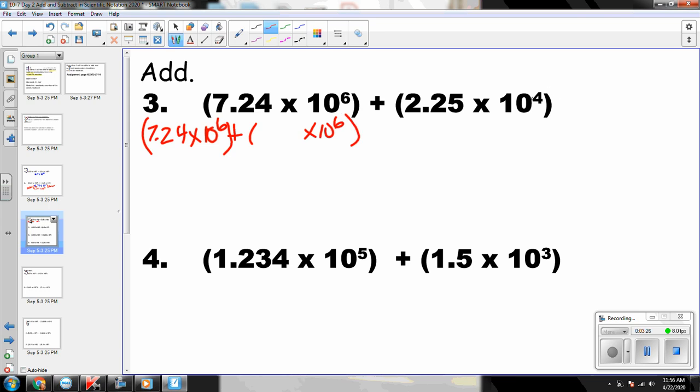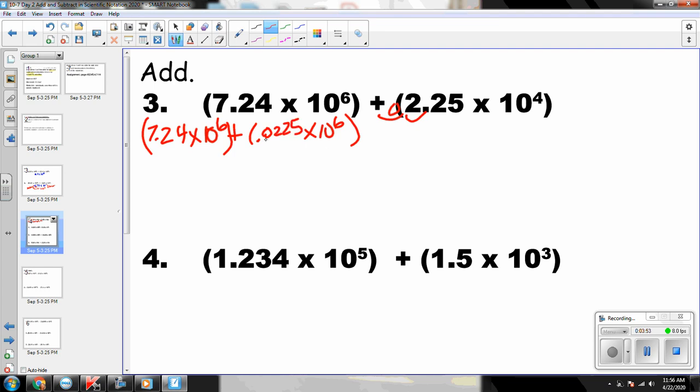If I change this 10 to the 4th to 10 to the 6th, what I did with the 4 is I made it larger by 2. So if I make it larger by 2, I've got to make this number smaller by moving my decimal point 2 to the left. If I take this decimal point and move it left twice, I'll get 0.0225.